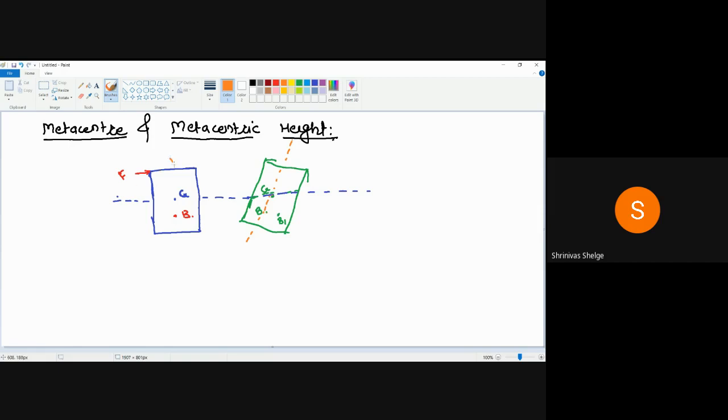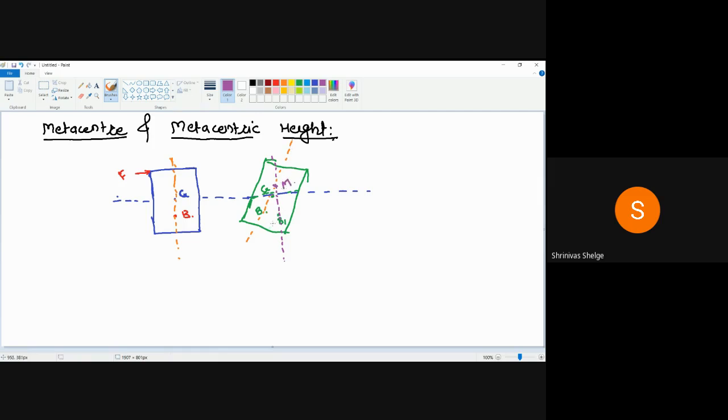Then I am going to draw another line, the vertical line passing through the new center of buoyancy. And the point of intersection between these two lines is nothing but the meta center.